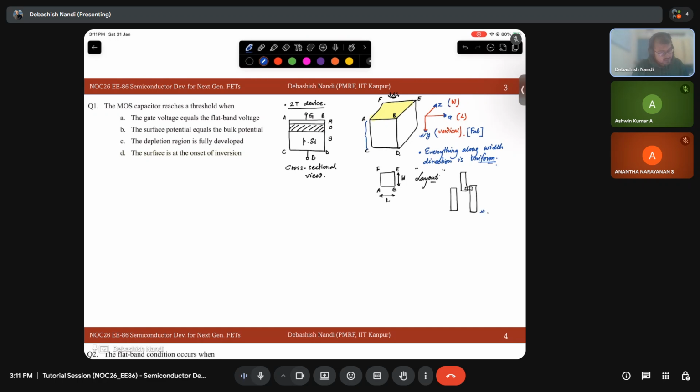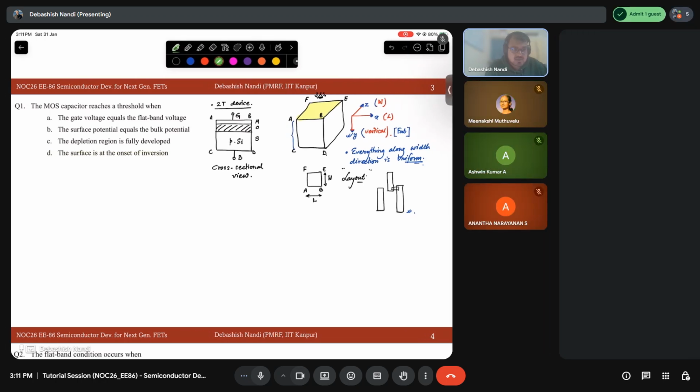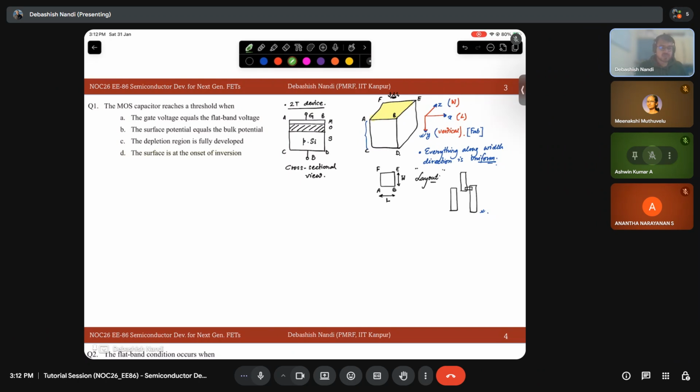So if that is done, what we generally study, as we are interested in the physics, is that this course is from a physics point of view. So we are concerned with only whatever is happening in the y direction, right? That is why we'll just take a cross section, a line in this direction, and discuss the band diagram.